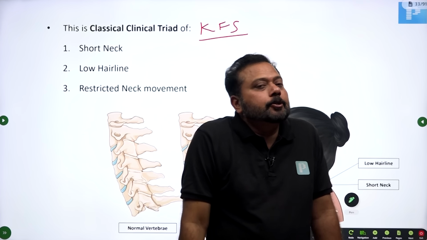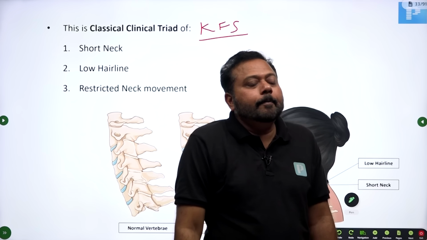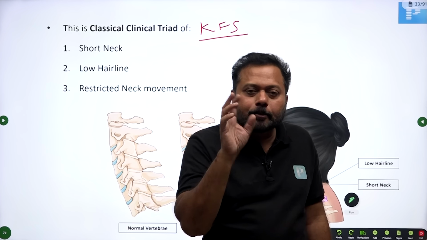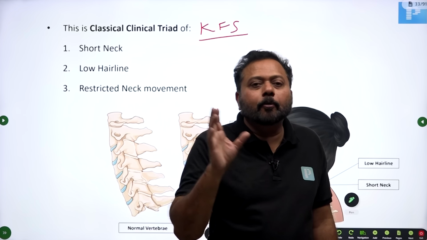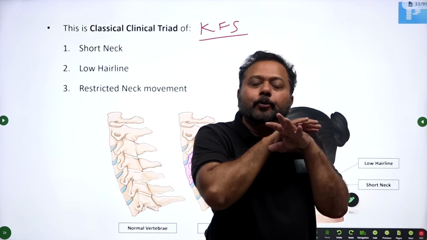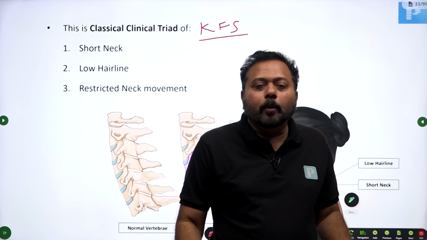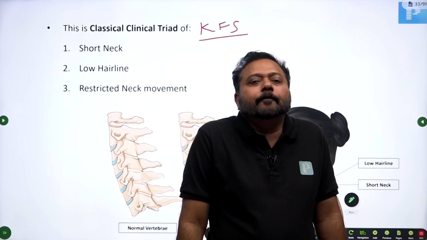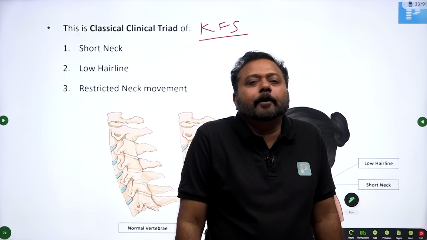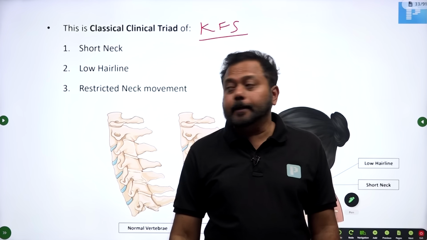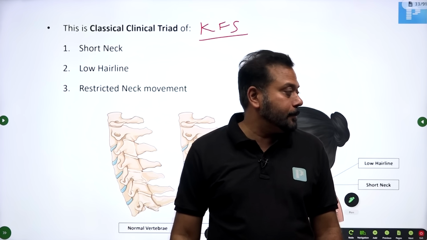When you see short neck with low hairline, immediately Down syndrome will come to our mind. In Down syndrome, there is mental retardation. One good thing about Klippel-Feil syndrome, the mind is absolutely not affected. Normal brain growth. The only thing is, because of congenital fusion of the cervical vertebrae, you know the second cervical vertebra is called the axis because it aids in axial movement like this.